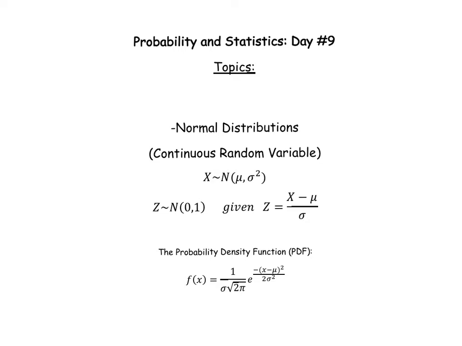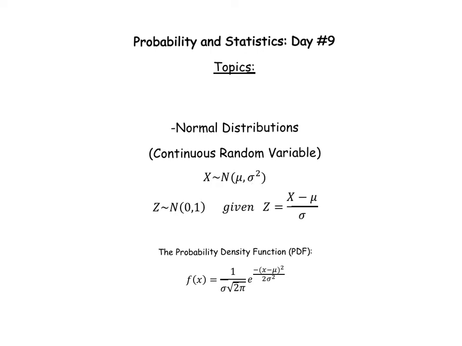Now, how we denote a normal distribution is by taking some random variable x and denoting it this way, where our parameters are mu, which is the mean, and sigma squared, which is the variance.